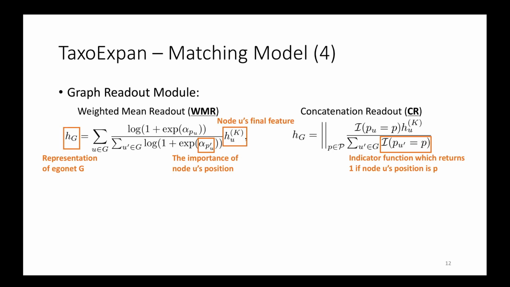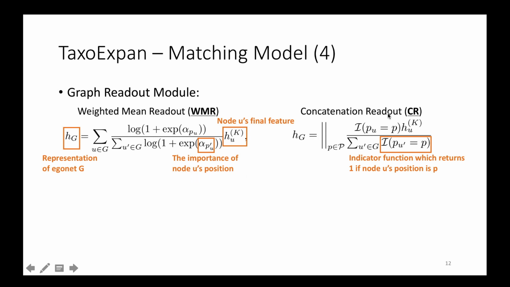The second module is the graph readout module, which aggregates each individual node feature into the graph features. We developed two possible readout methods. One is the weighted mean readout, where each node's weight depends on this node's position information.